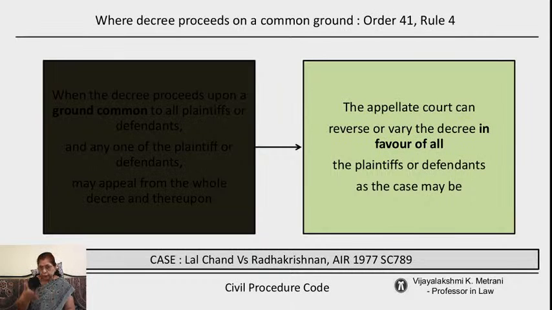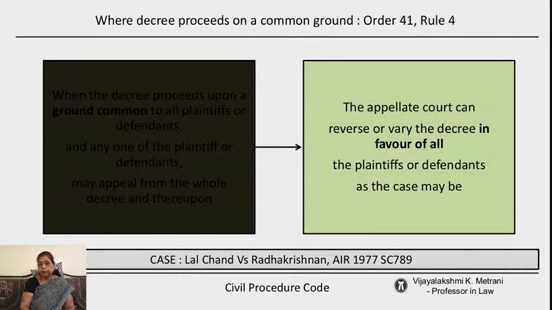Now the contention before the Supreme Court is that the court can give the relief only to the person who asks. Here the court says that this rule 4 is an exception to the normal rule that whoever comes to the court will get the relief.